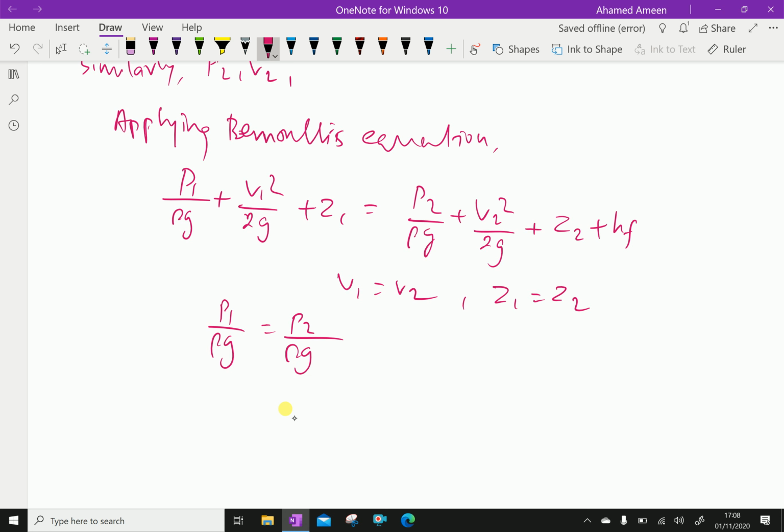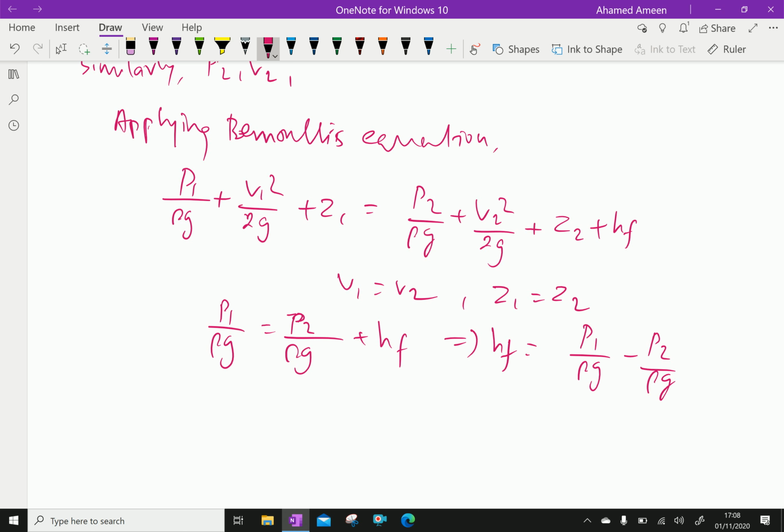P2 by rho g plus HF, the head loss. Therefore, we have HF equal to P1 by rho g minus P2 by rho g.